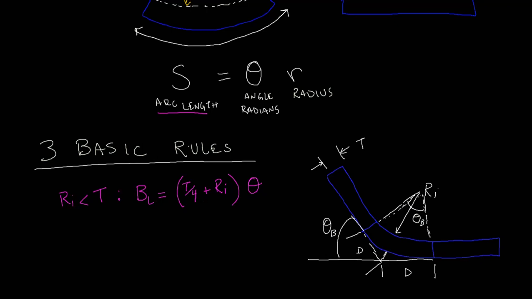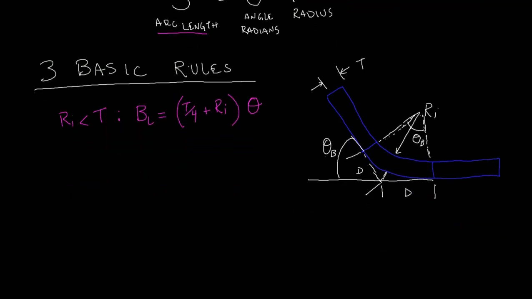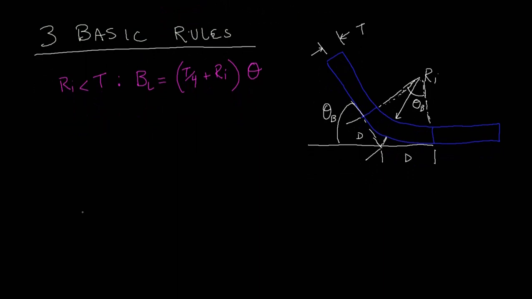Now the inside radius goes to the material, and the neutral axis exists at just a quarter of the thickness below the inside radius. That's half, this is about a quarter here. That is where it is when the inside radius is less than the thickness.